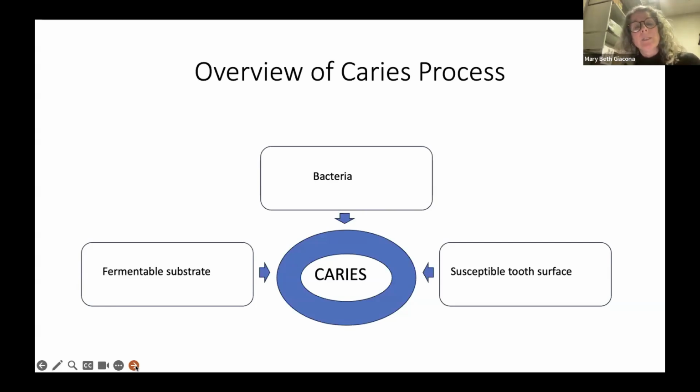And other people, more fortunate people, have bacteria in their mouths, but those bacteria tend not to be so robust in producing acid and causing cavities. And then finally, the third component would be that susceptible tooth surface.